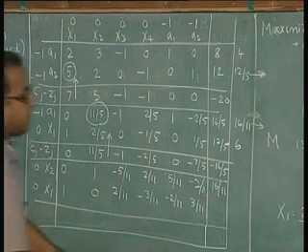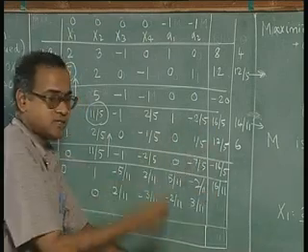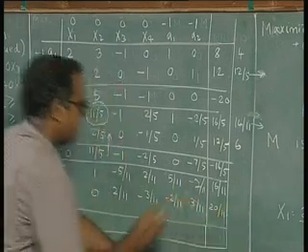So, 12 by 5 minus 32 by 55, 132 minus 32 is 100. So, 100 by 55 would give us 20 by 11.